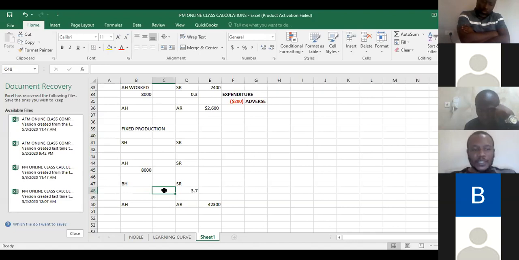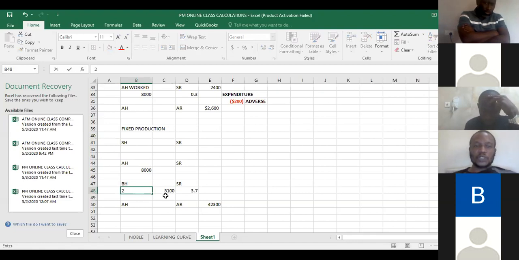So your budgeted hours are your standard hours multiplied by your budgeted units. You get what I'm saying? So your standard hour is 2 hours. So 2 hours multiplied by your budgeted units. So your budgeted units will be in the middle for the budget. We'll see this in practice as we go forward.